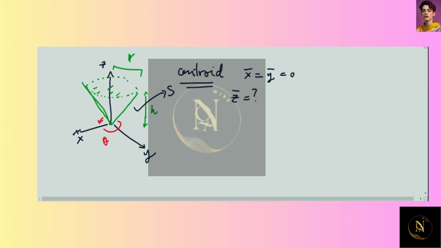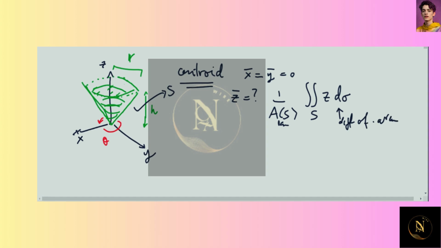So this z bar would be equal to 1 over the area of S, times the integral over S of z times dσ. This is the differential of area.